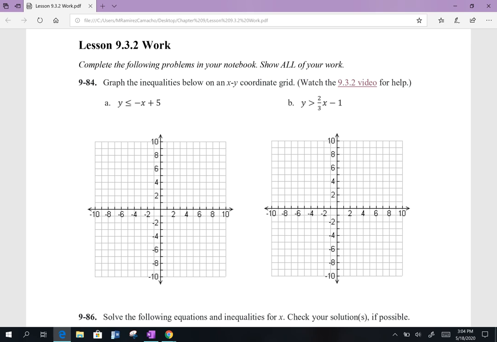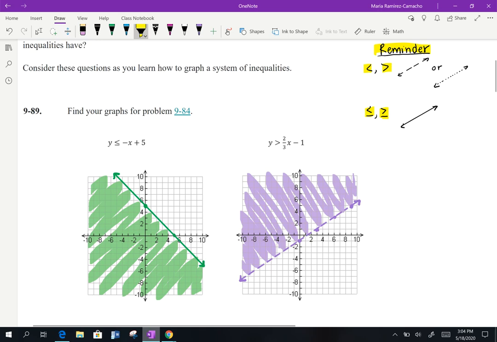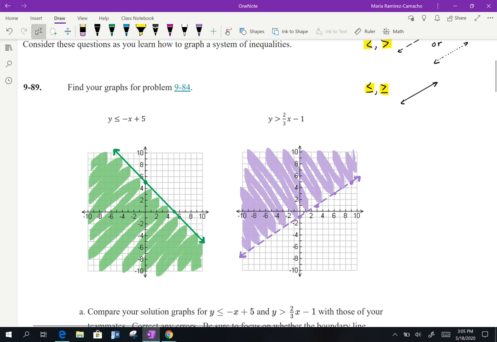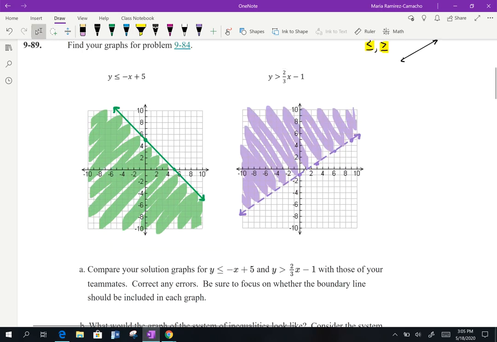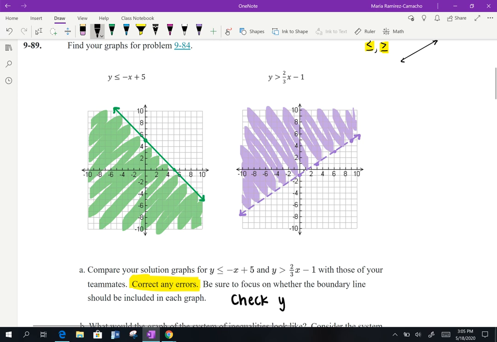So grab your solutions from yesterday, compare them to these solutions, and what part A wants us to do is to basically just correct any errors. So all I want you to do for part A is to just check your work. Make sure that your graphs resemble mine.